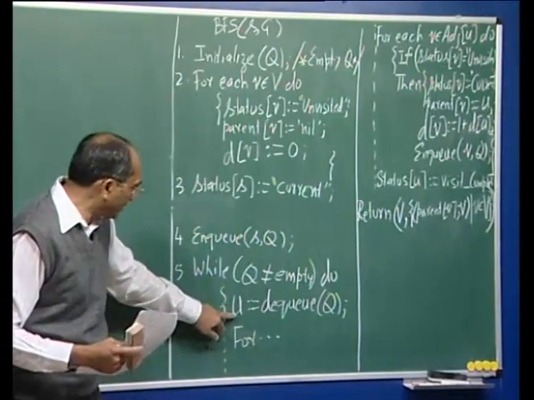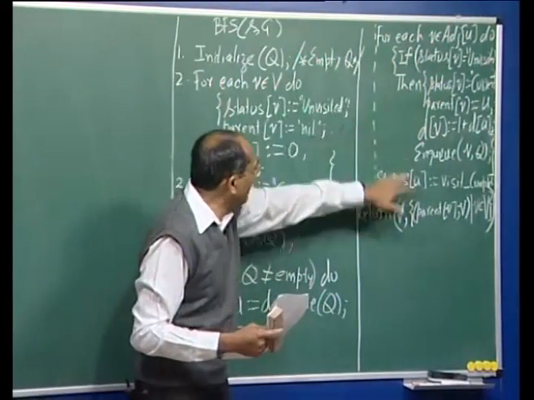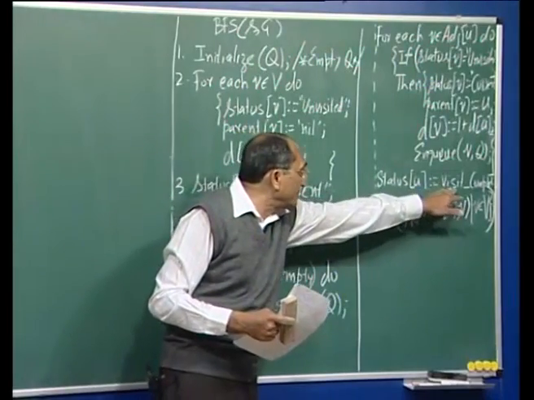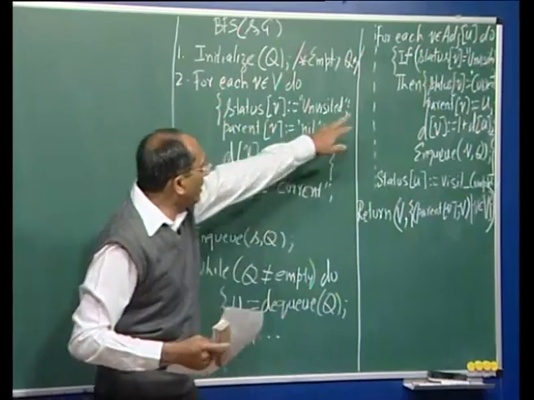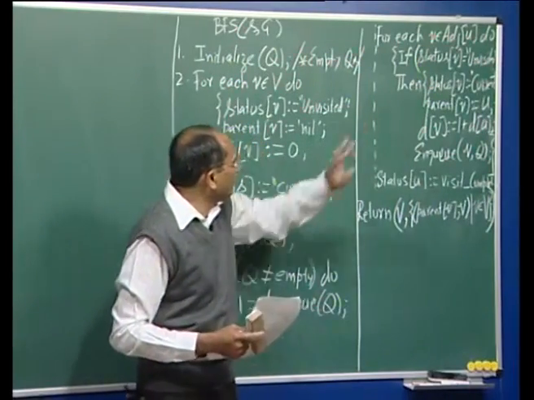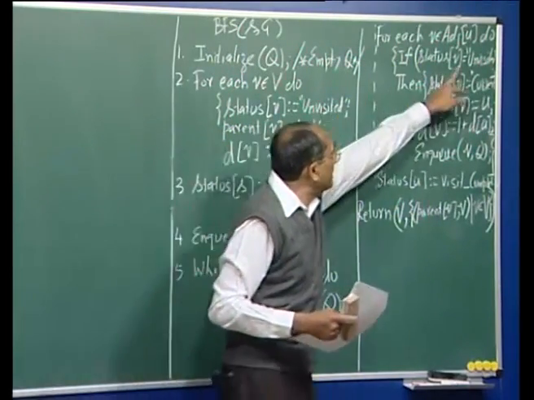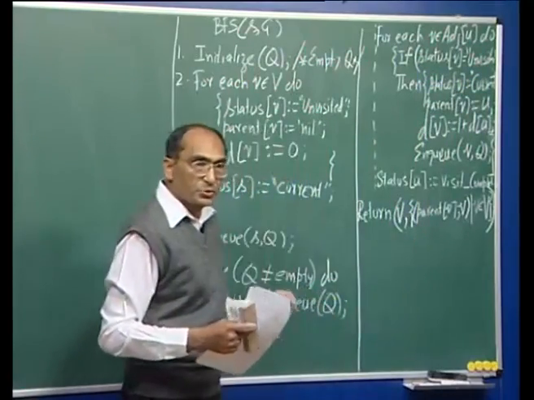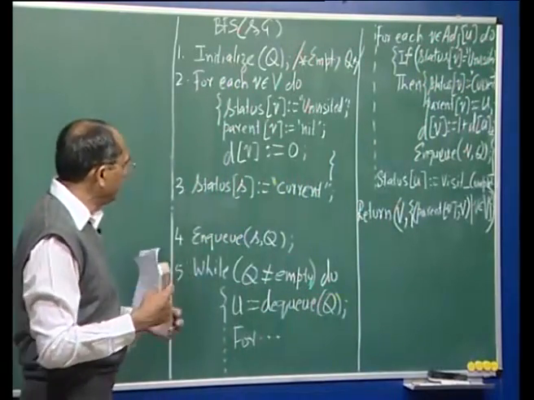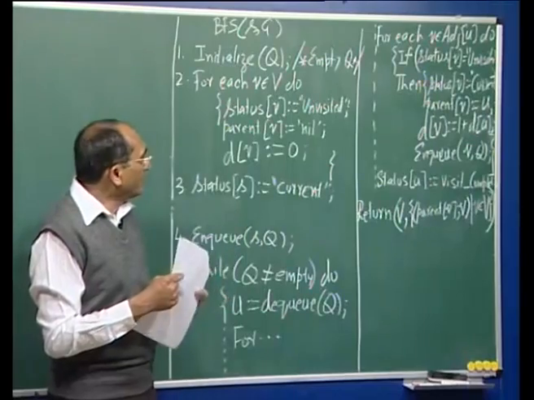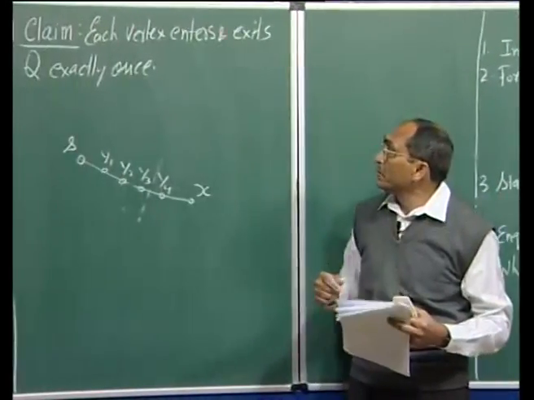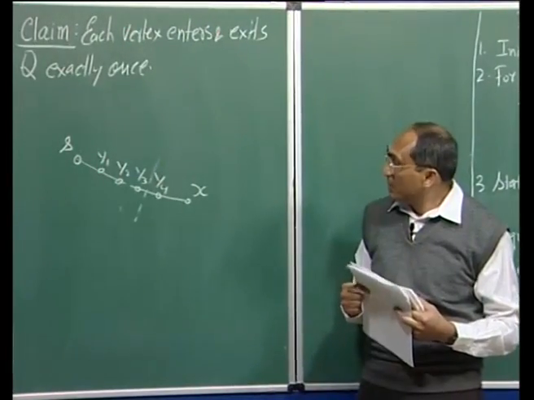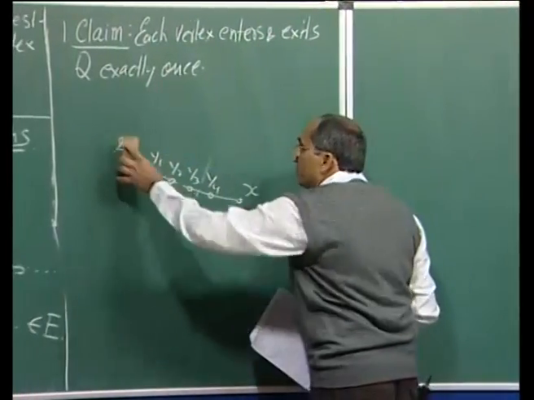So it exits from the Q, we do certain processing and then set its status to visit complete, and hence it is not eligible to enter the Q again, because for entering we check whether it is unvisited or not. So it will never enter again. That guarantees that every vertex enters exactly once into the Q and exits, hence exactly once.